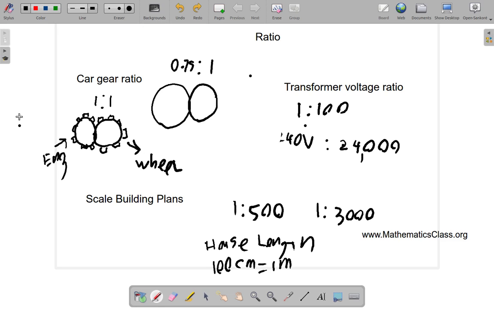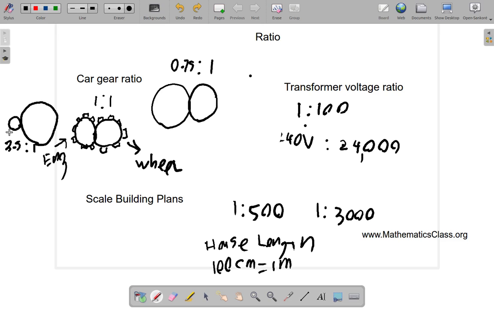But in first gear, the gear coming in from the engine is small, while the gear going out to the wheel is large. So what you have could be, for example, a 3.5 to 1. That's a ratio, right? For every 3.5 turns of the shaft going into the gearbox, you have only one turn going out to the wheel.